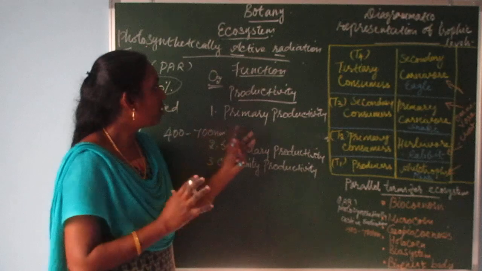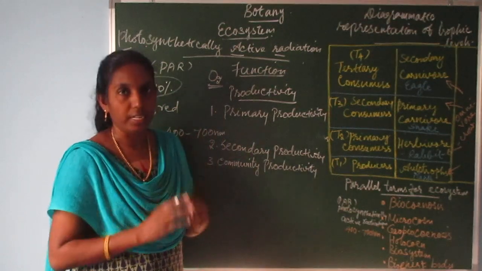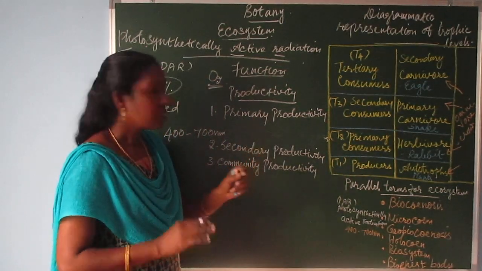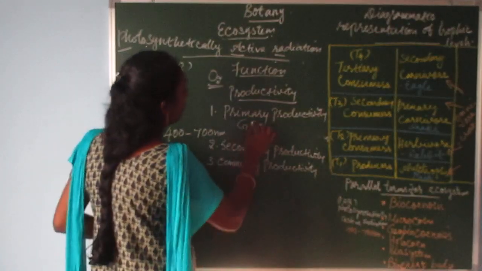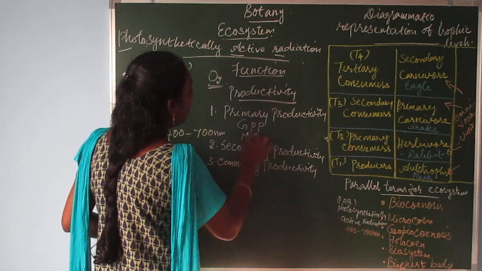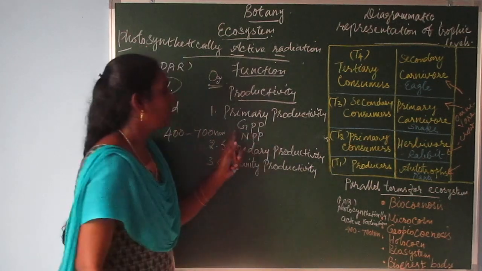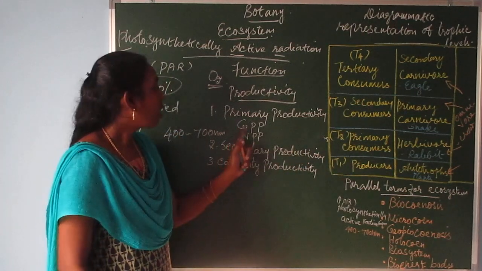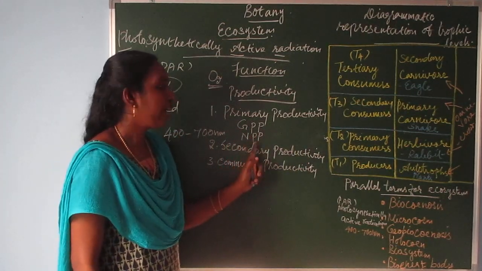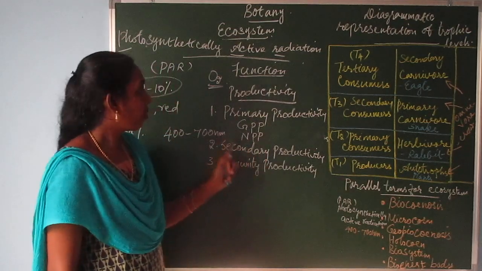The total amount of food energy is the productivity. It includes two different types: gross primary productivity and net primary productivity.